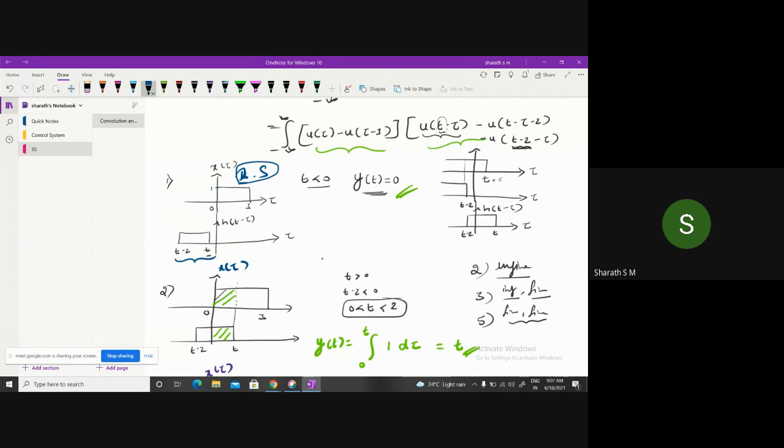Initially, before entering the railway station, there is no contact of the train with the railway station. So for that case, y of t is equal to 0. Then this is the starting point where the train enters, so some part of the railway station can see some part of the train.